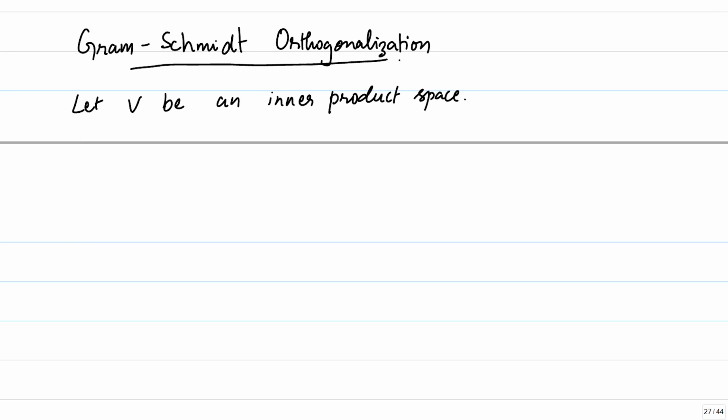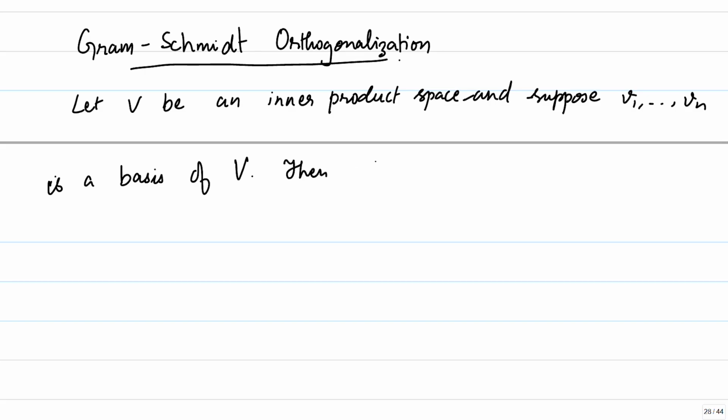And let V1, V2 up to Vn be a basis of V. Suppose V1 to Vn is a basis of capital V. Then define, we already know how to define all these, right? Define W1 to Wn as below.